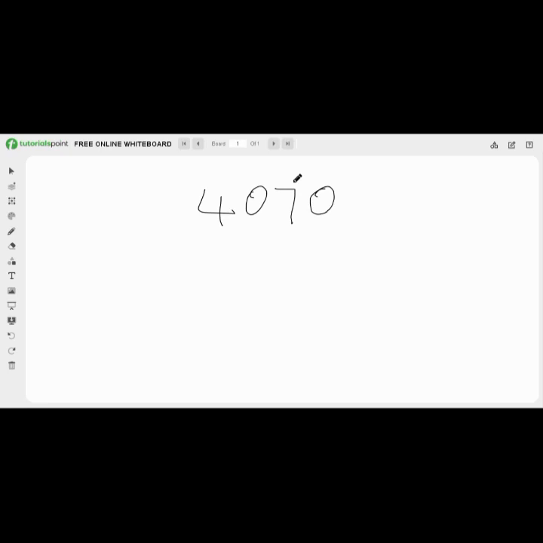So let's take this. These are the numbers. Is 070 divisible by 8? Surely not, right? So the whole number is not divisible by 8.